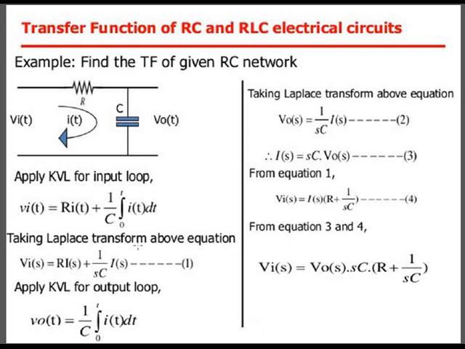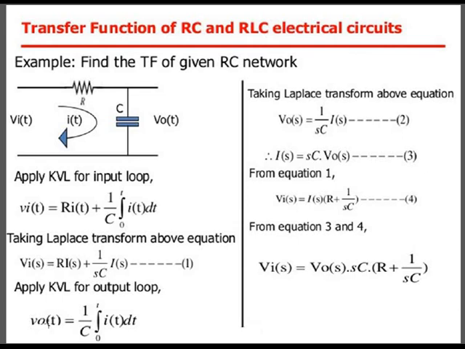Now taking the Laplace transform of the above equation, it is given by Vi(s) = R I(s) + 1/(sC) I(s), since we know the Laplace transform for the capacitance C is 1/(sC). So this is equation number 1. Apply KVL for the output loop.